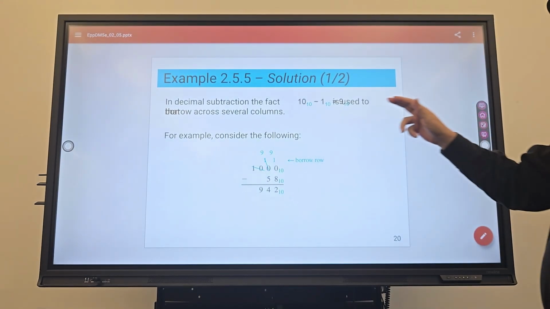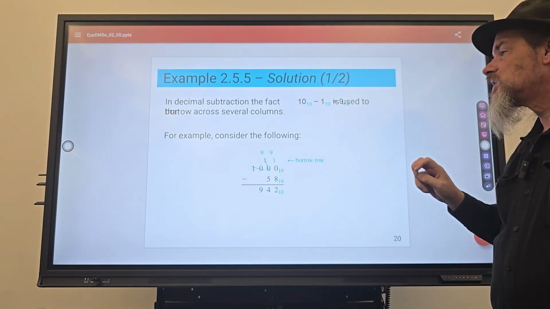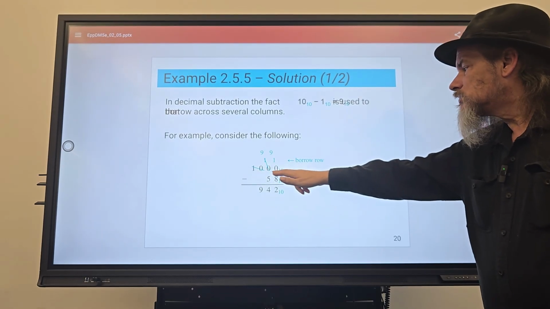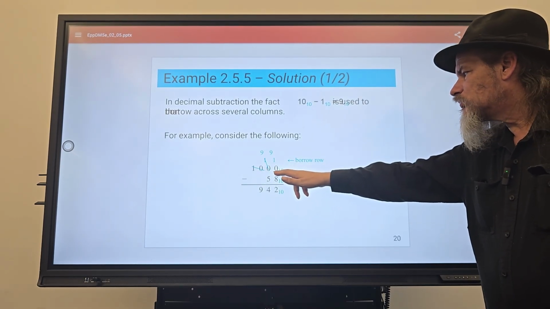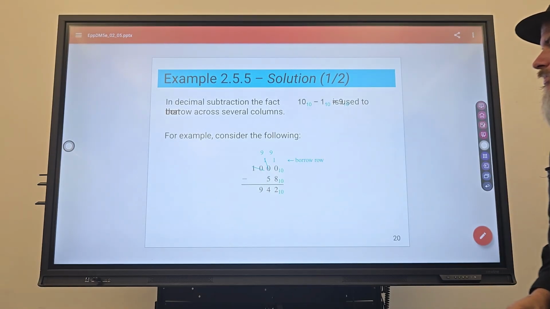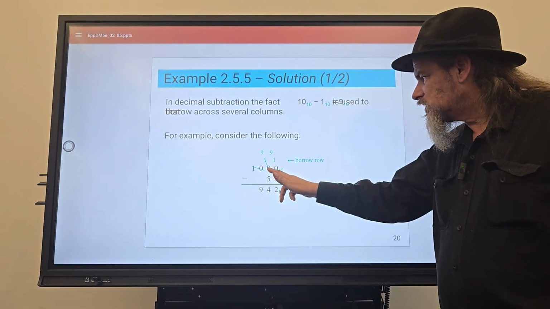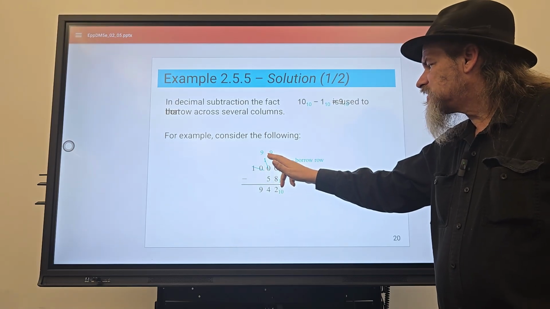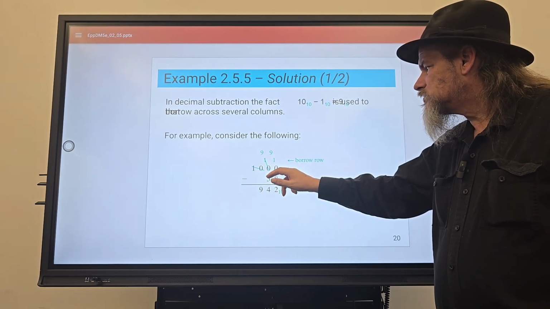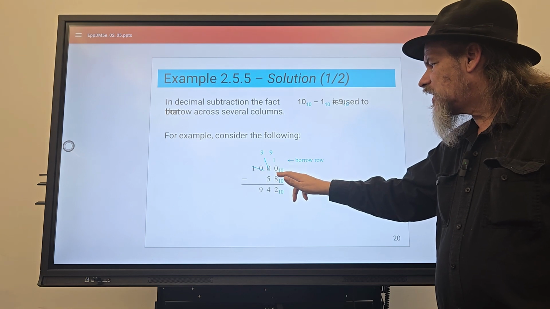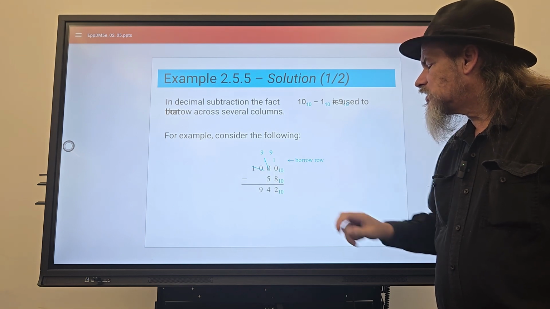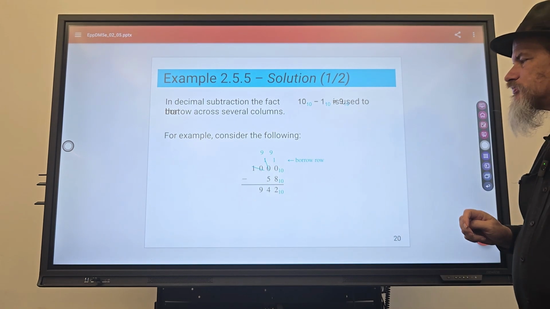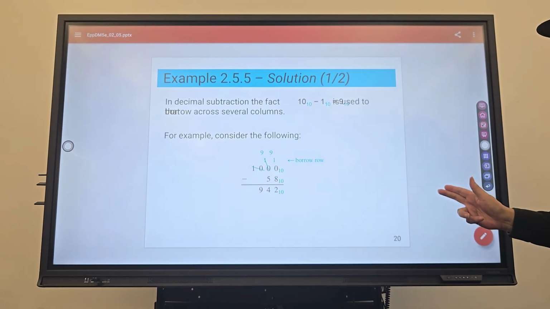It's used to borrow across several columns. For example, here you borrow from the next column to the left, and reduce it by 1, and add 10 to the right column. Then do your subtraction.